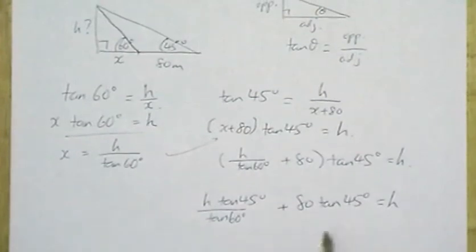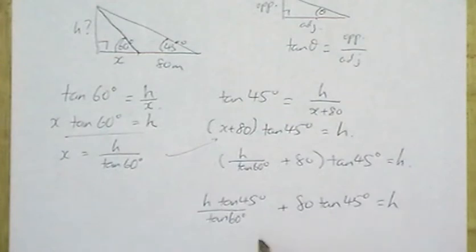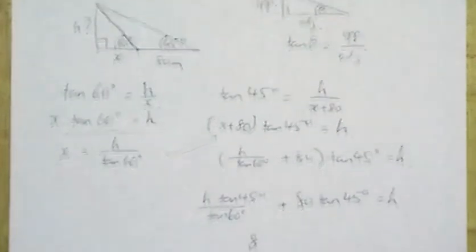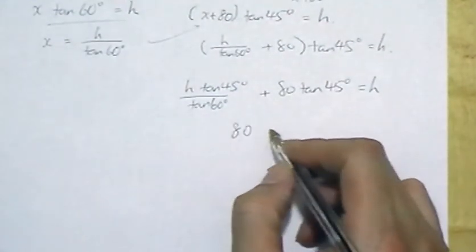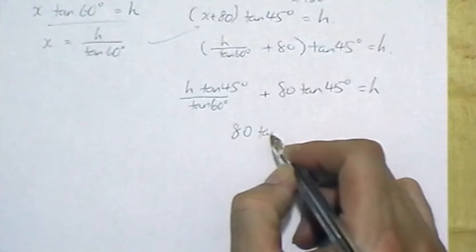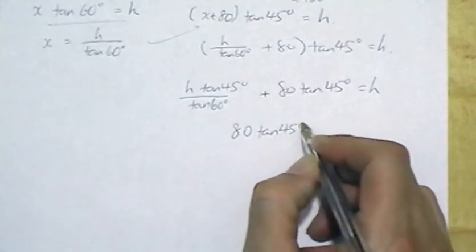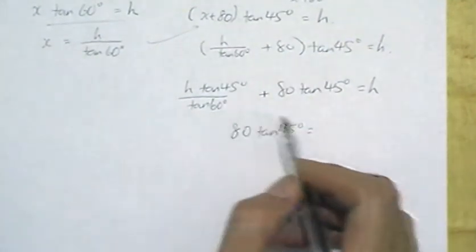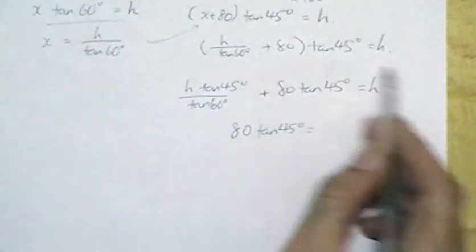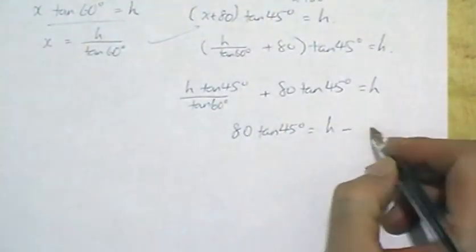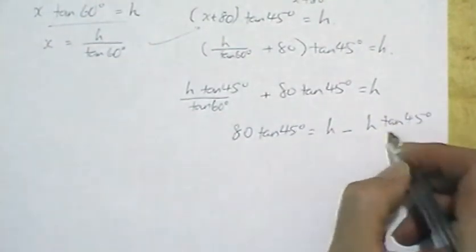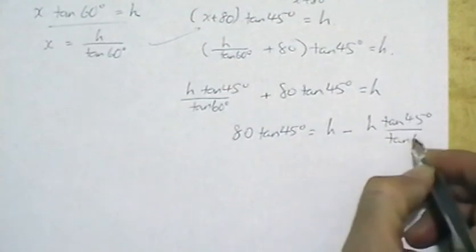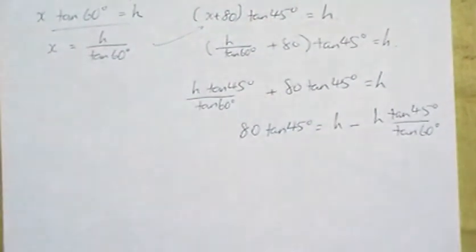And then I can try to make h the subject. So 80 tangent 45 degrees equals, let me move this over to the other side, h minus h tangent 45 degrees over tangent 60 degrees.